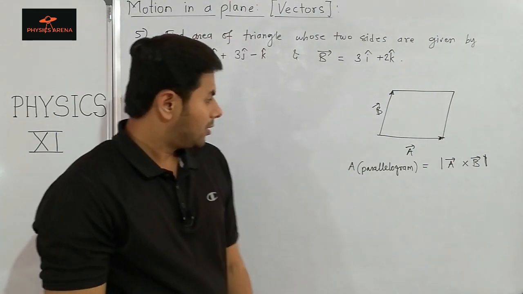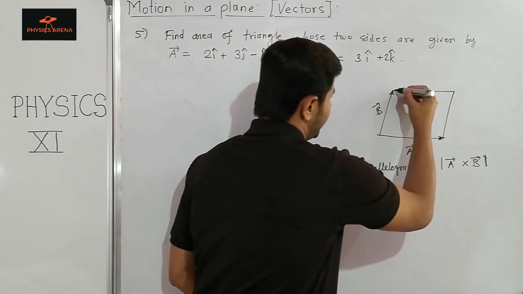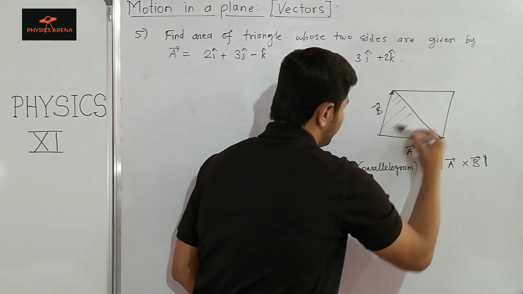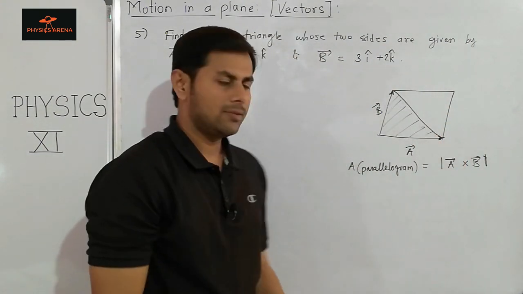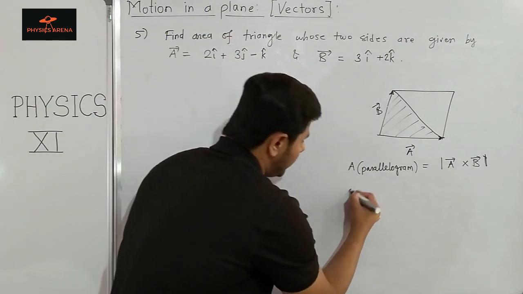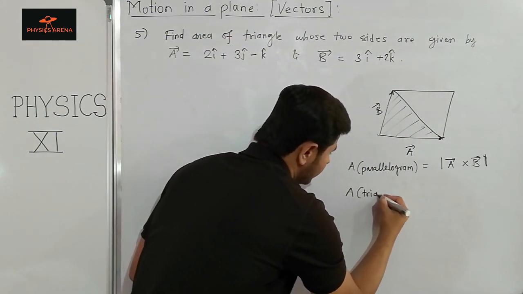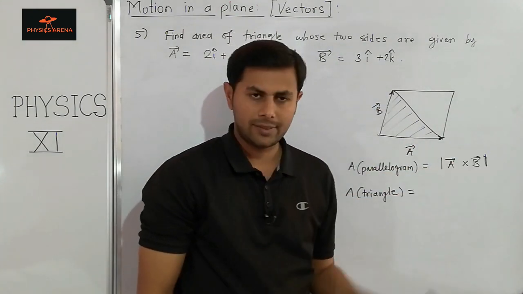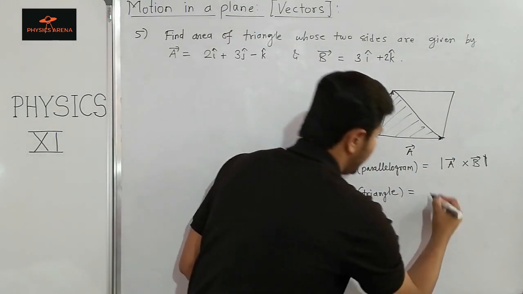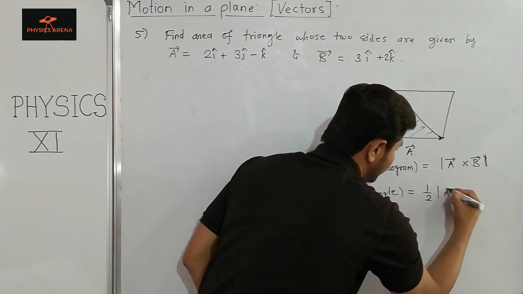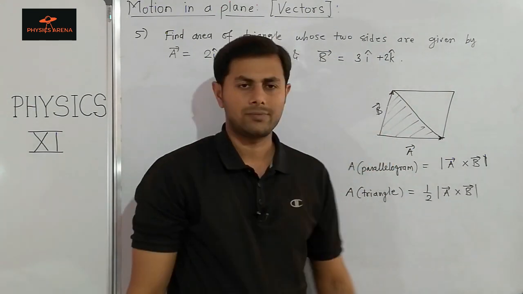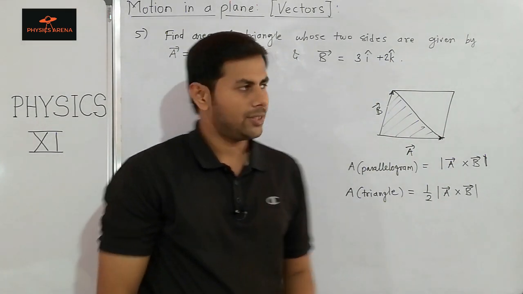And the area of a triangle is just half of the area of this parallelogram. So the area of a triangle whose two sides are represented by two vectors is equal to half of the magnitude of the vector product of the two vectors. So let's do it.